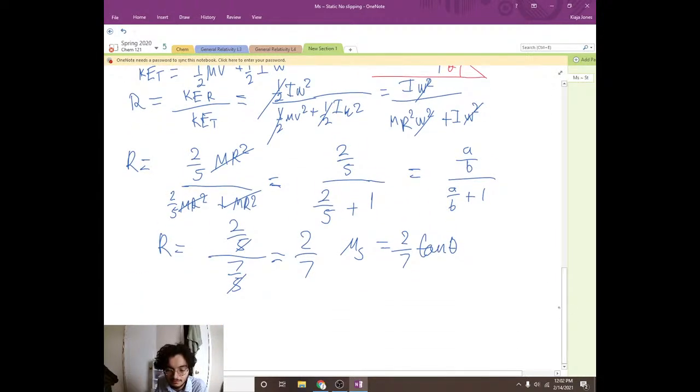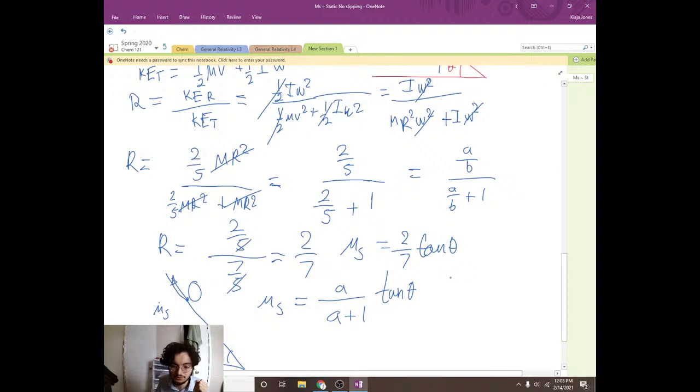We can say that if you have a body rotating and rolling down an inclined plane with some angle theta, the minimum coefficient of static friction before it starts to slip is always the ratio of the constant in front of the moment of inertia divided by that same constant plus 1, times the tangent of the angle theta.